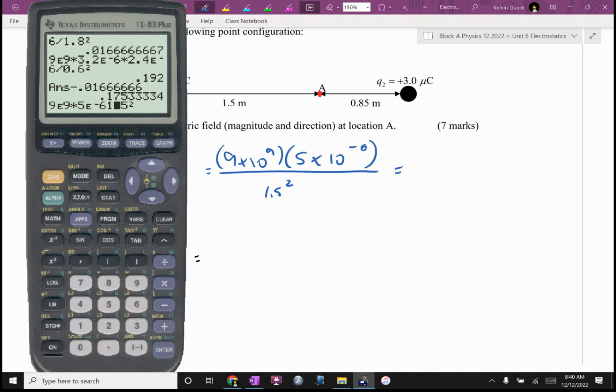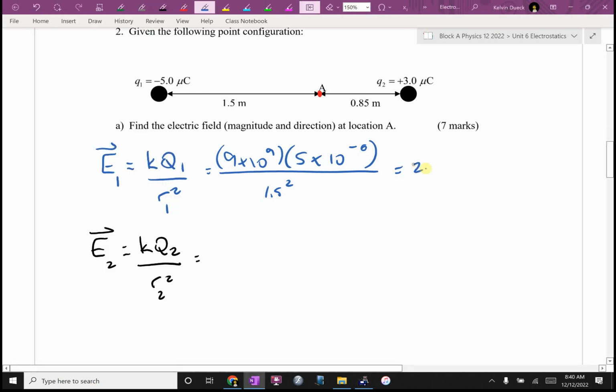I got a typo, don't I? Divided by 1.5. Don't forget the squared. And I get a nice even 20,000. What are the units for electric field? It's newtons per coulomb. Gravitational field was newtons per kilogram.